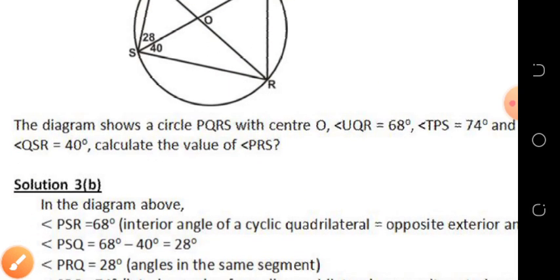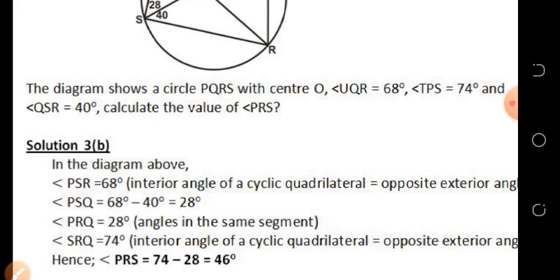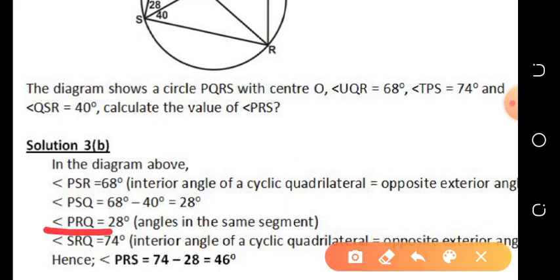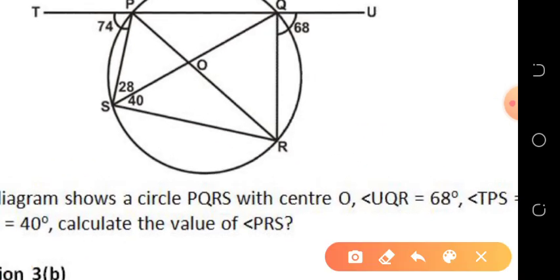Now let's move on. We have angle PRQ is 28 degrees, angle in the same segment. Let's look at that. Angle PRQ, we go to the diagram. This line has divided this circle into a minor segment and a major segment.